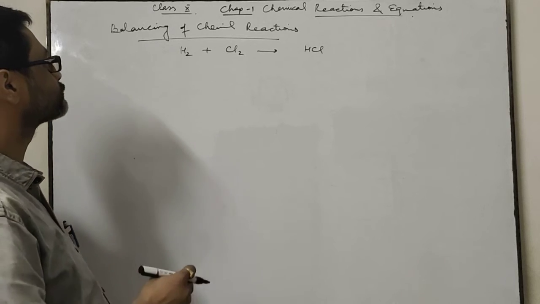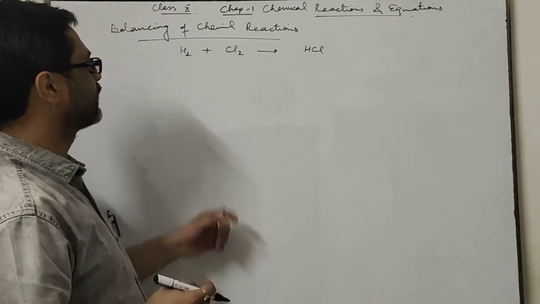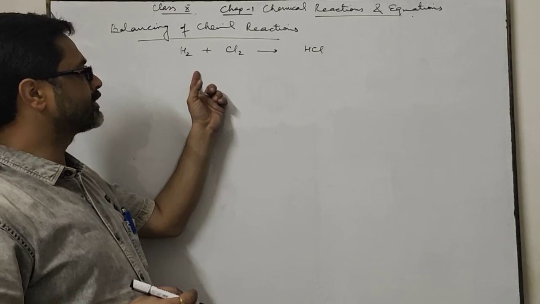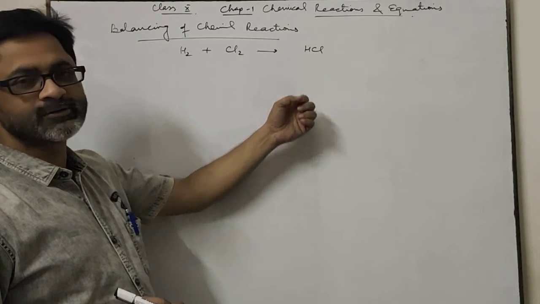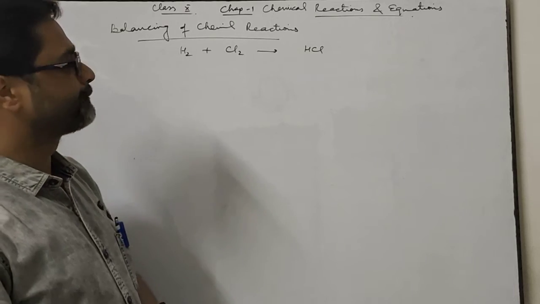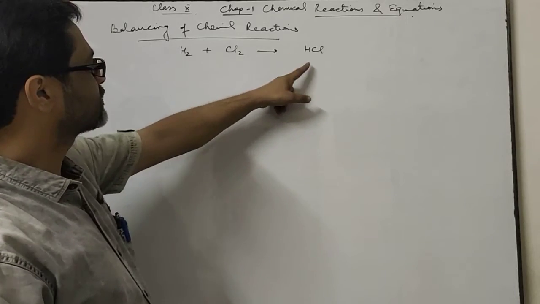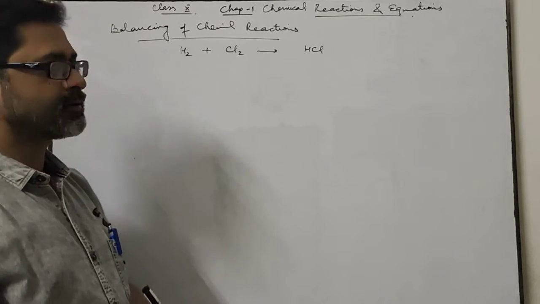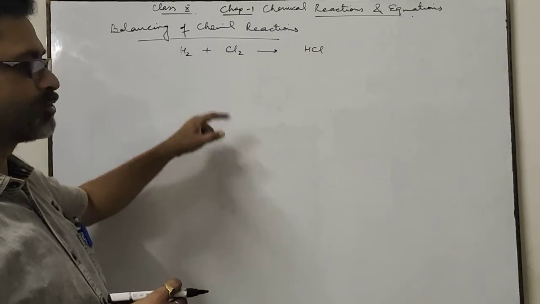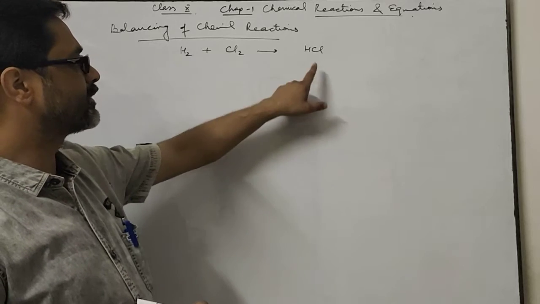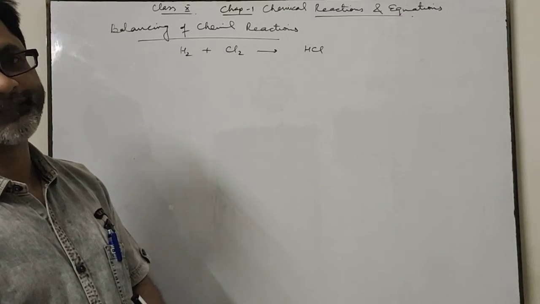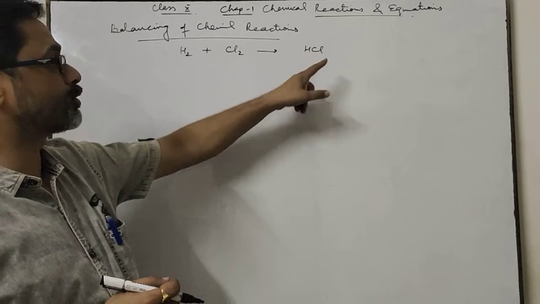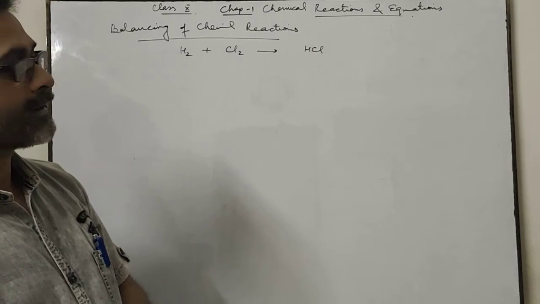See here, first of all you see that hydrogen is present on both sides, LHS and RHS, but the hydrogen is 2 in number here, while here the hydrogen is only 1. Chlorine is also 2 in number here, but chlorine here is 1.